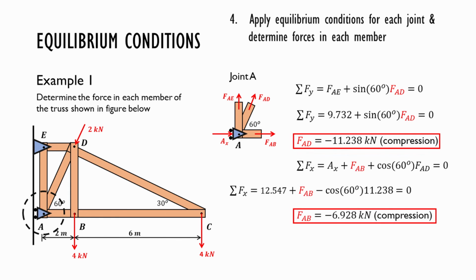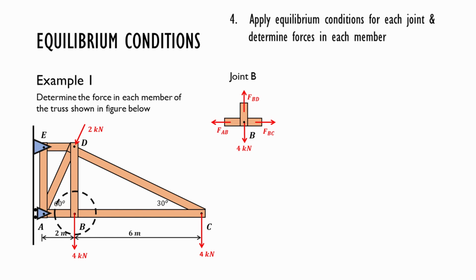Then we sum all the forces in x direction. Sigma Fx equals Ax plus Fab plus cosine of 60 degree times FAD equals 0. We already know Ax as 12.547. And also we know FAD, which is negative 11.238. So we can solve for FAB, which is negative 6.928 kilonewton. Since it's negative, the member is in compression.